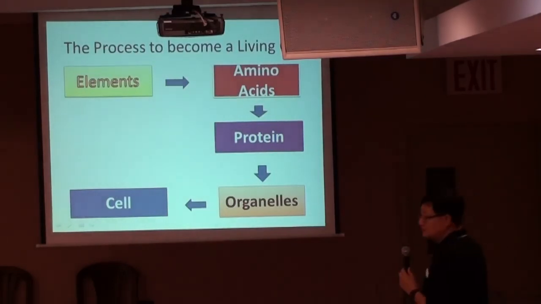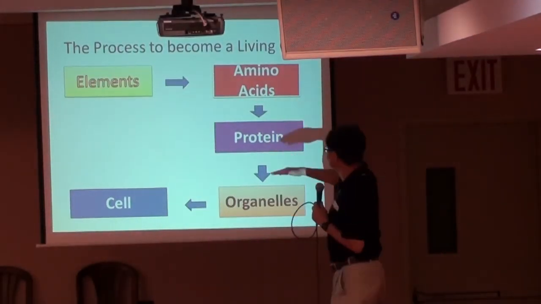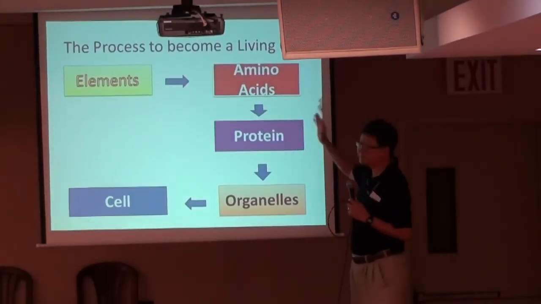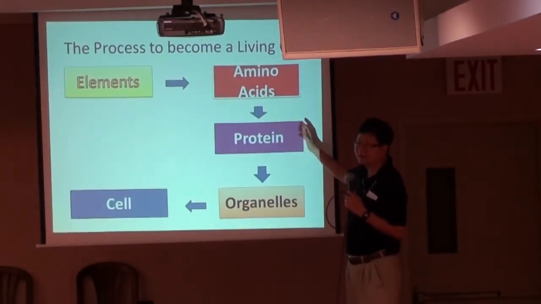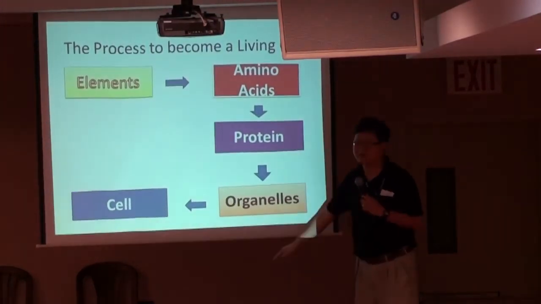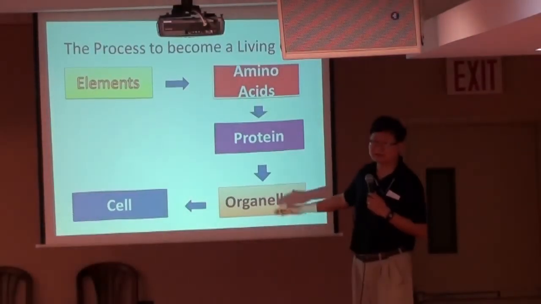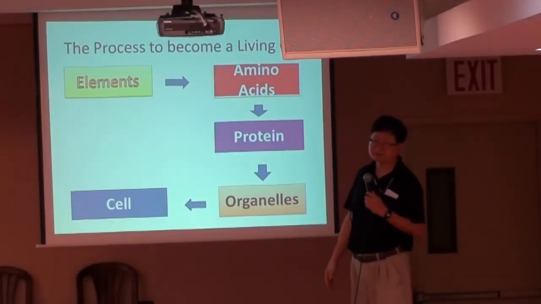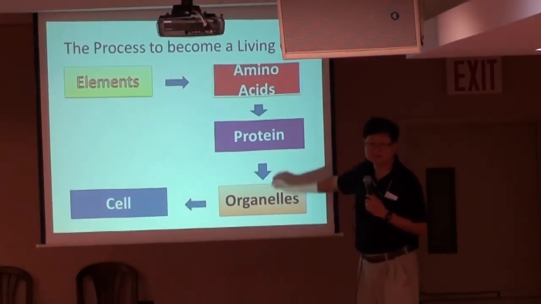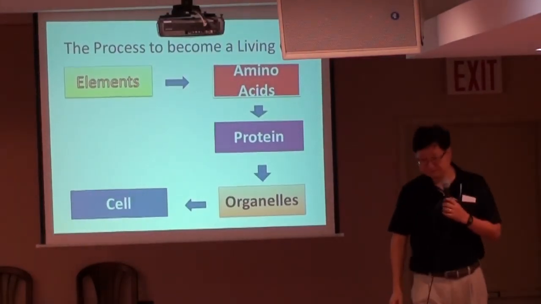But today I'm going to cover from elements up to here. If we cannot make, naturally, any one protein, then life after that is forget about it. You cannot make any living cells. So I'm going to tell you how difficult it is to make one protein in nature.